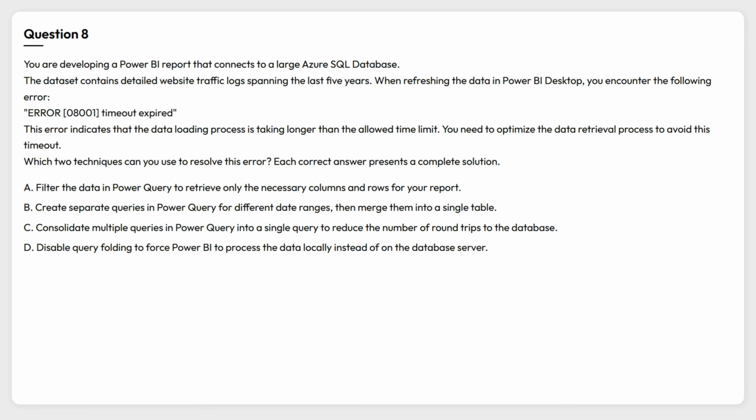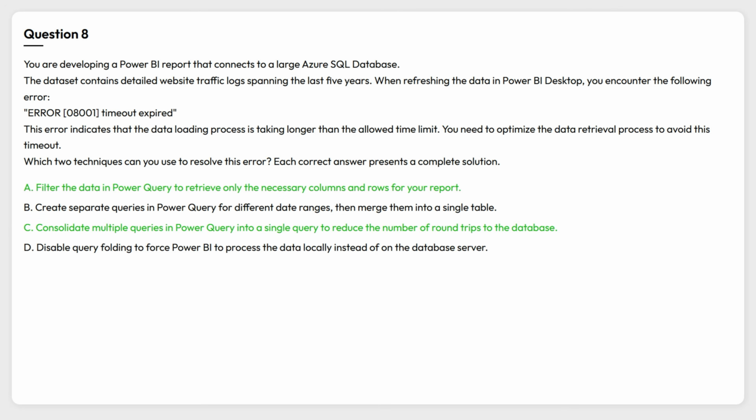Option C. Consolidate multiple queries in Power Query into a single query to reduce the number of round trips to the database. Option D. Disable query folding to force Power BI to process the data locally instead of on the database server.